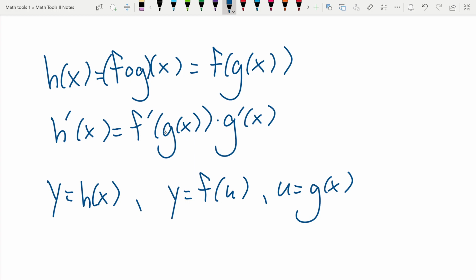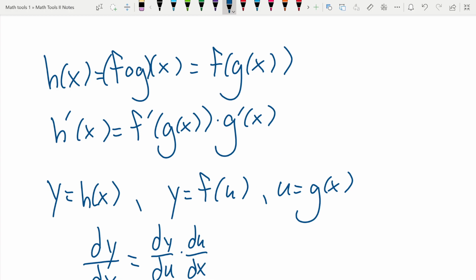We let g of x be equal to u just to make it easier to write. Then the derivative of y with respect to x is equal to the derivative of y with respect to u, because y is a function of u, times the derivative of u with respect to x, which would make sense with this last equality right here.